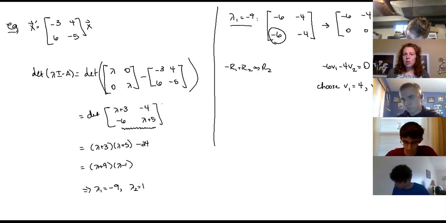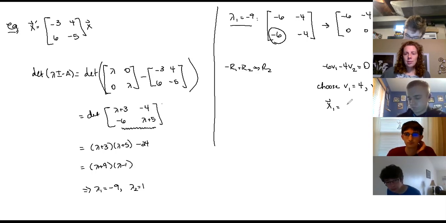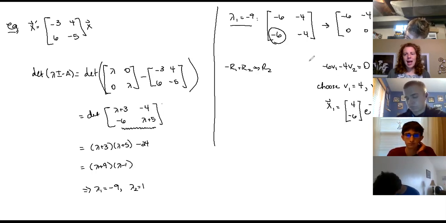You could pick 2 and 3, however you want to do it, it doesn't make a difference. I'm going to jump to my x1. So x1 in this case is (4, -6) times e to the -9t.